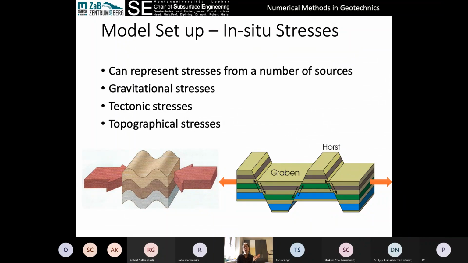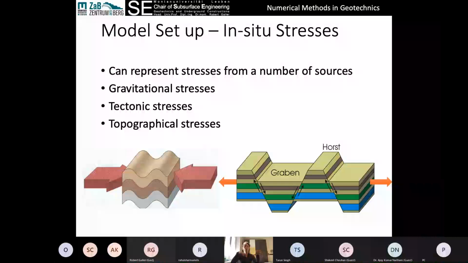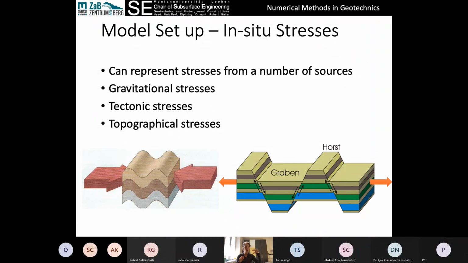if you're in an area with topography, again, in a mountain area, even if you're not in a deep tunnel, even if you're just doing a tunnel that's punching through a shoulder of a mountain, for example, it's only 300 meters deep, the stress orientation is going to be governed by the topography. The sigma 1 is often parallel to the slope of a hill.